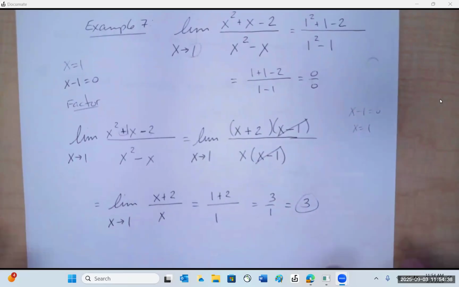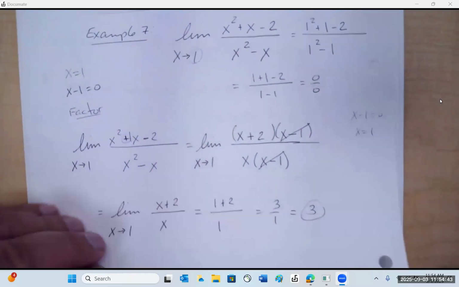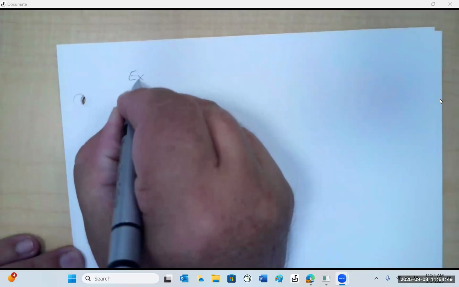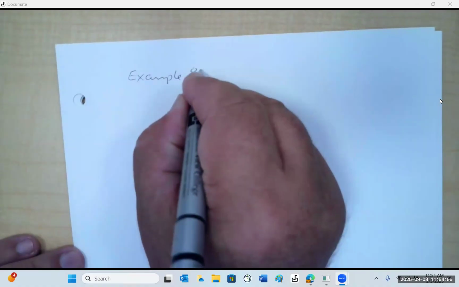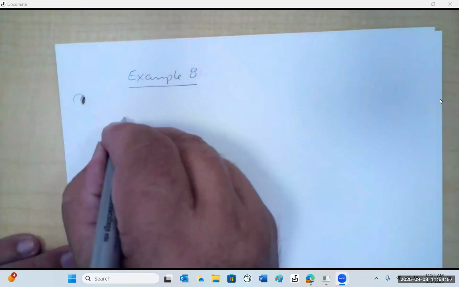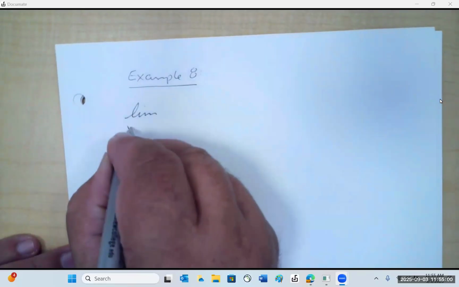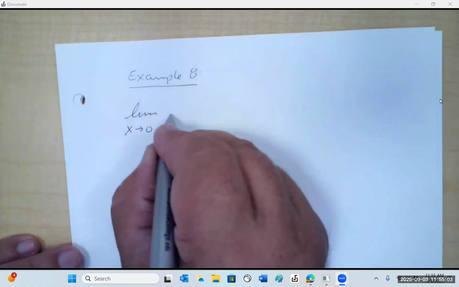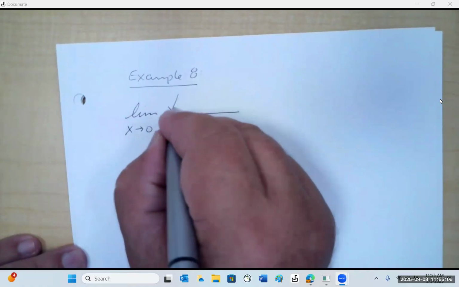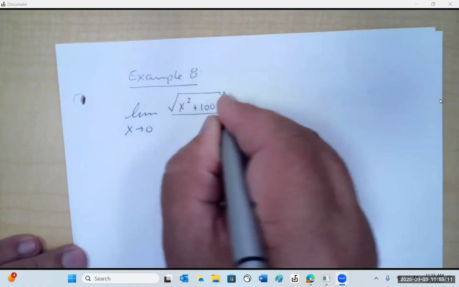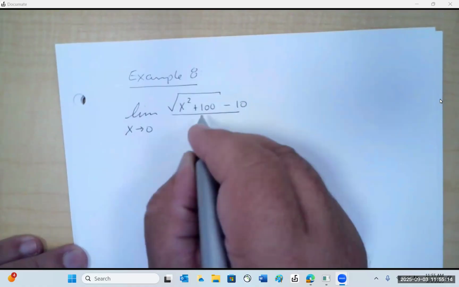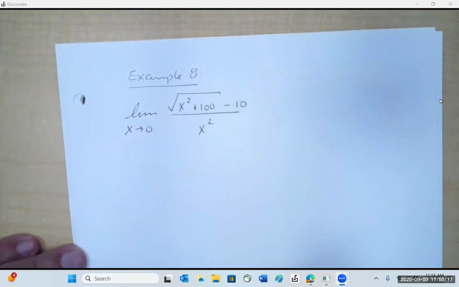Okay, let's look at another example. Example 8. The limit as x approaches 0 of the radical x squared plus 100 minus 10 over x squared.